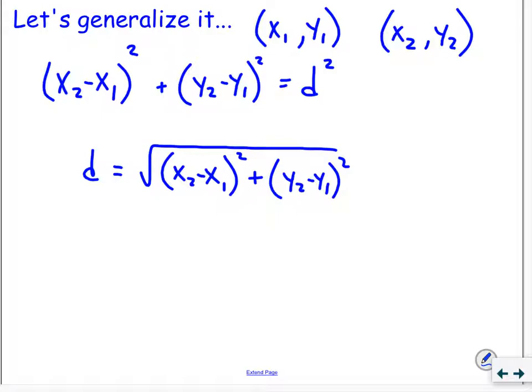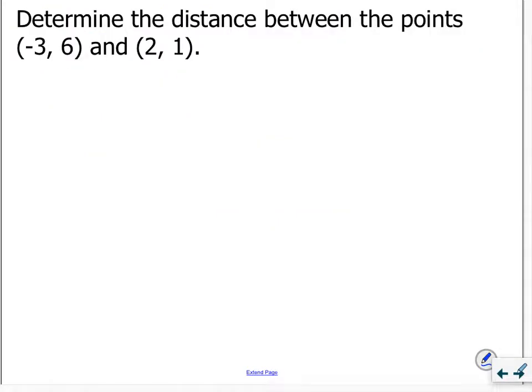Let's practice one of these. Use your distance formula and determine the distance between these 2 points. So if I do my distance formula, maybe I call this one x1 and y1, and that's x2 and y2. It doesn't really matter because we're squaring it anyway, so it doesn't matter what order we subtract in.